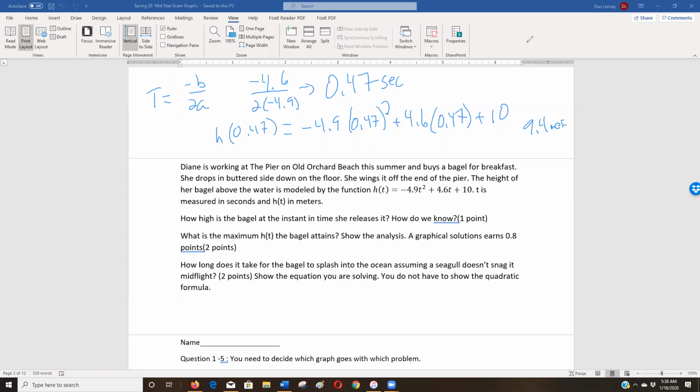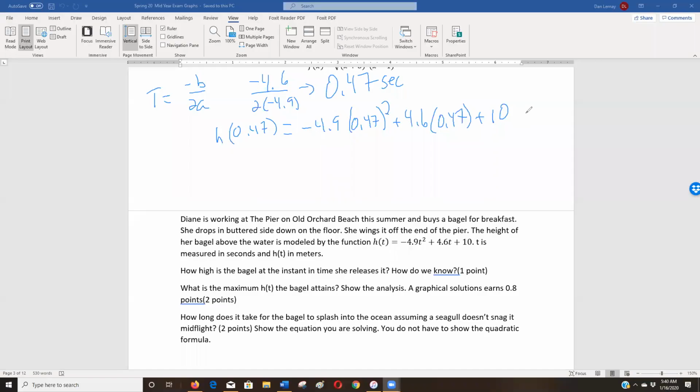I did something wrong here. So it's 11.1, and that makes sense. I must have typed something in wrong. So it's 11.1 meters. It had to be bigger than 10 because I know this. It started here at 10 and it went up like that for the maximum. Okay, so that's the maximum.